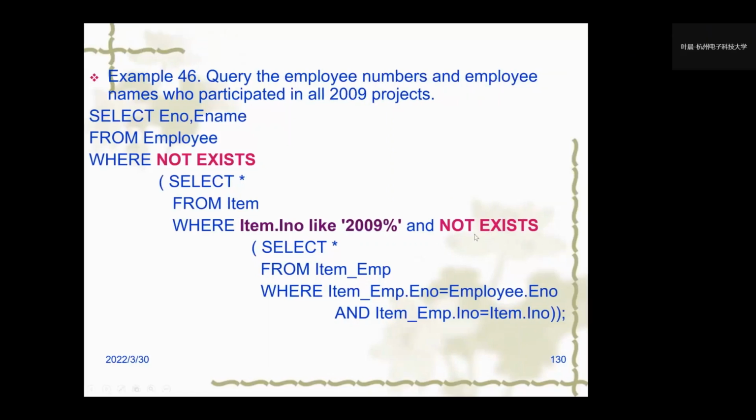And we have the not exists, which means there are no records that have this employee participating. And we have another condition for 2009, so we write the item number is like 2009, and we use this percent keyword to represent that we need to search this kind of string like 2009.